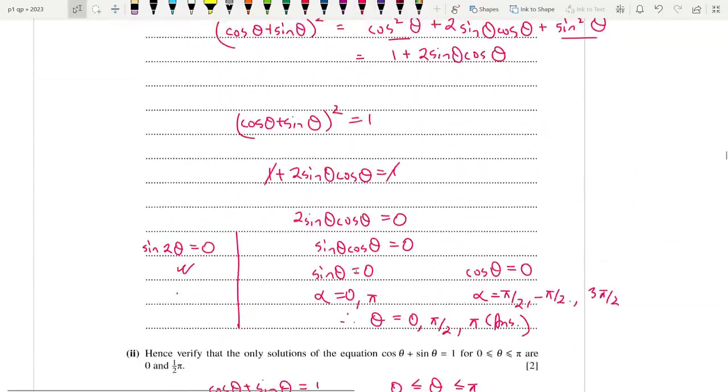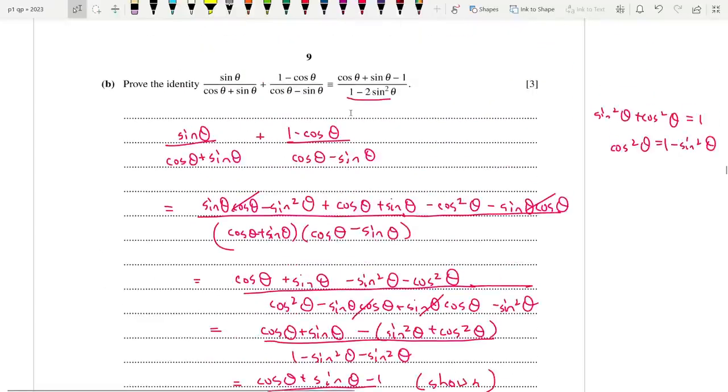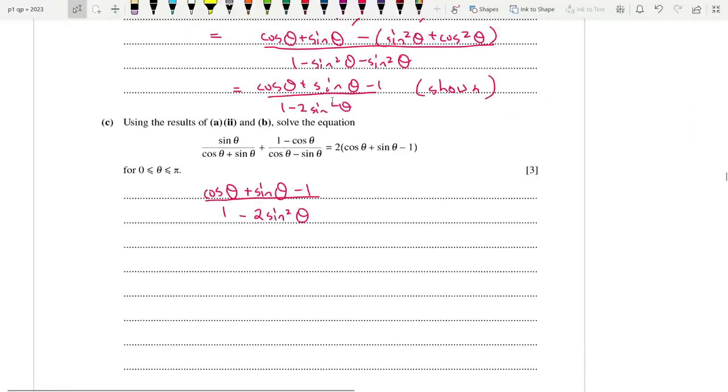Now I get why some candidates were complaining about a hard paper. So I wrote the one on the left, as the one on the right hand side is equal to 2 cos theta plus sin theta minus 1. Okay. Now what? We have to simplify this.